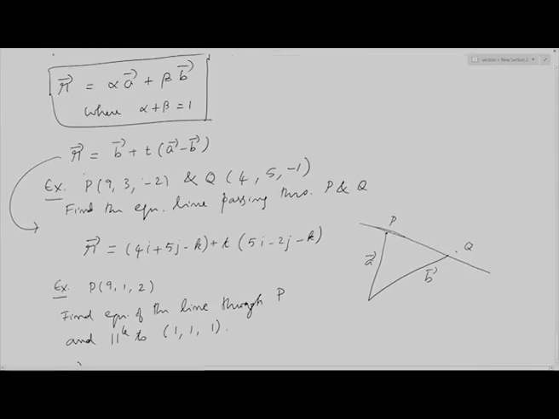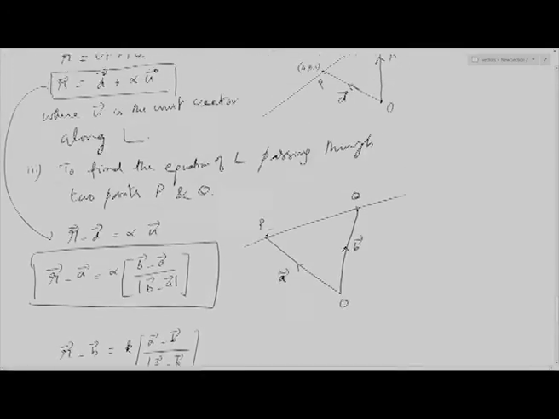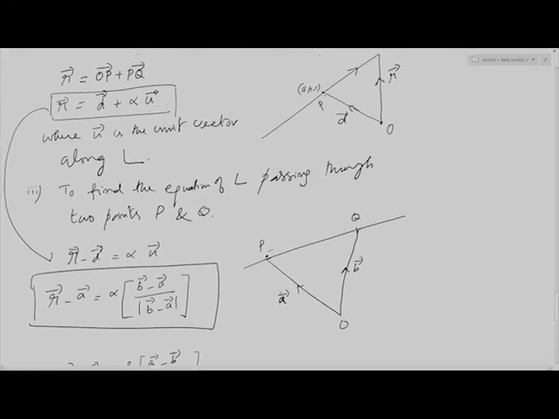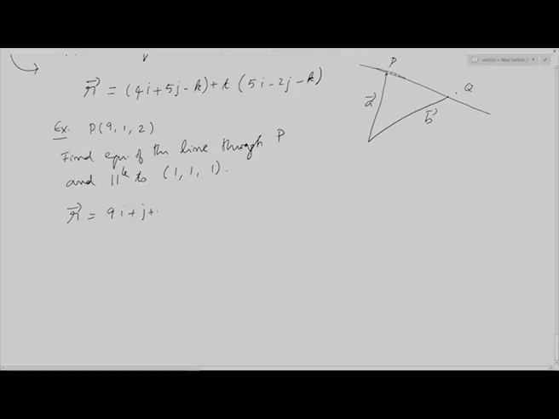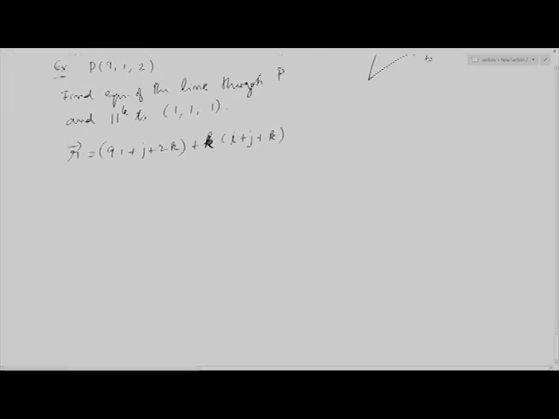So our second form, R equal to A plus alpha u, therefore 9i plus j plus 2k plus k times the vector i plus j plus k. I need not divide by the length of this vector, I do not need to find a unit vector, because k is just a constant. So for every value of k this is the equation of a straight line passing through P which is parallel to the vector (1, 1, 1).